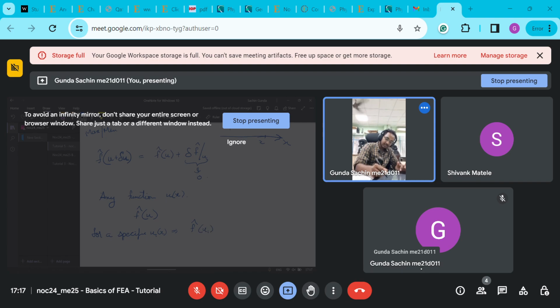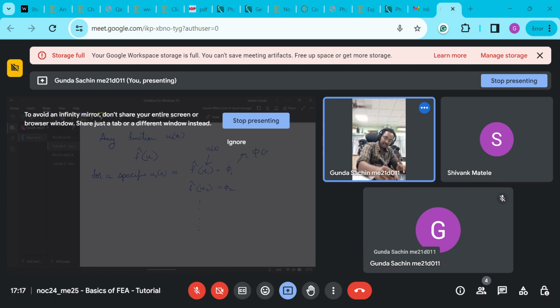For a specific function, let's say u1 of x, this functional will give some specific value, maybe phi 1. Let's say this is u2. For this u2 this may be phi 2, and so on.